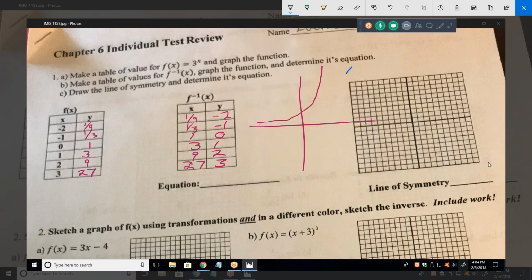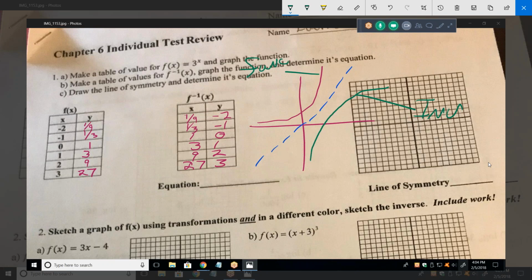This is true with all inverses, no matter what level of math you are at. They are reflections over that line. Okay. So if I want to draw the inverse of my original function in red, I'm going to reflect it over that line. This is going to be my inverse. By definition. Okay, I didn't even say what that function was, but that's my function. That's my inverse.